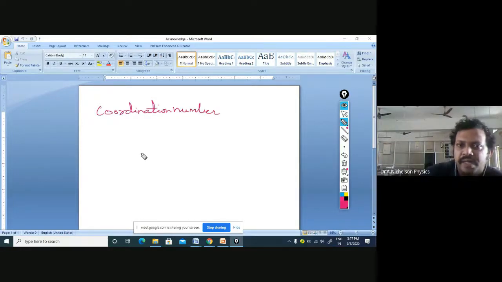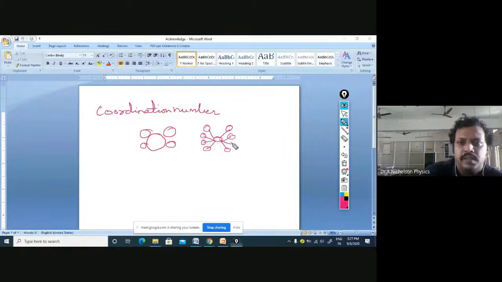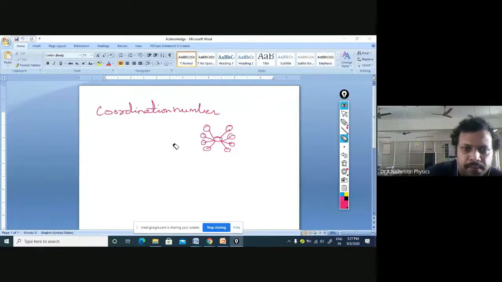Okay, as I said, the center atom touches the corner atoms like this, and also the bottom 4 atoms. So totally, Cn is equal to 8.